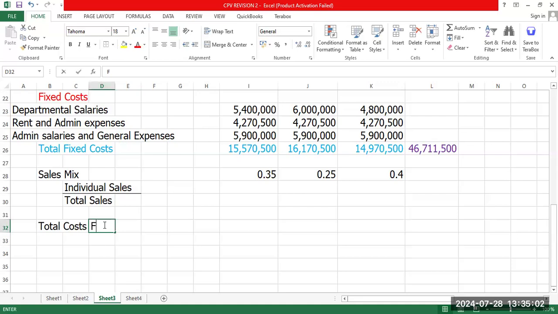Here it will be fixed costs plus variable costs.